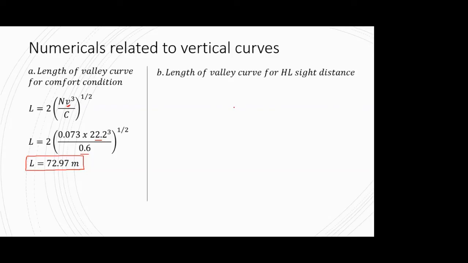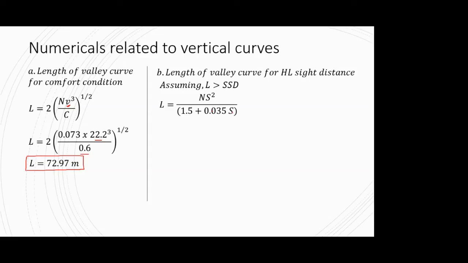Now the second consideration is the length of valley curve for headlight sight distance. Here we have to assume two things, that either the length is greater than the sight distance or less than the sight distance. Okay. I have written here stopping sight distance because headlight sight distance is nothing but the stopping sight distance in the case of a valley curve and the night conditions that we had seen.